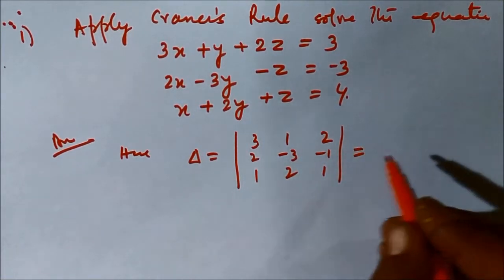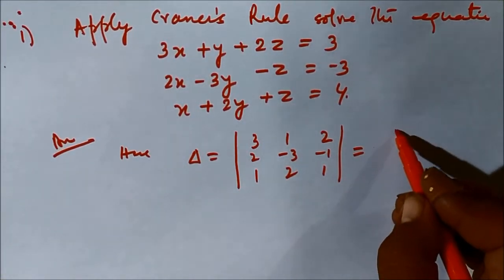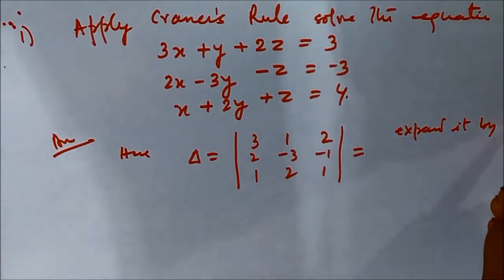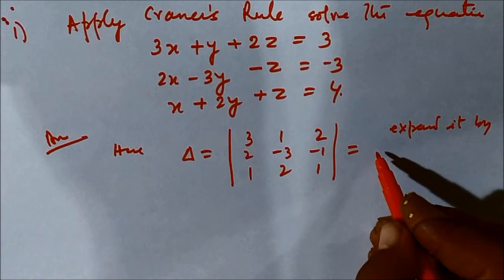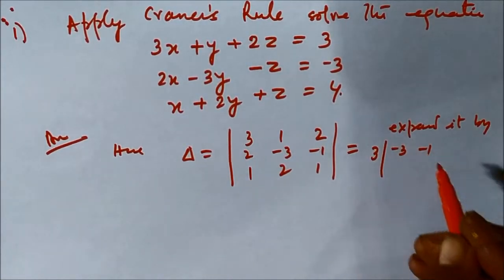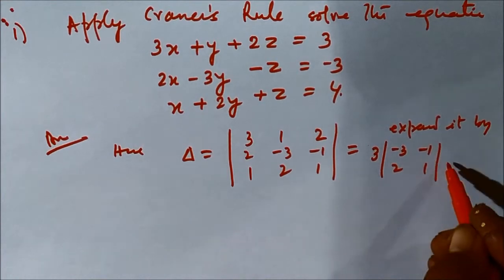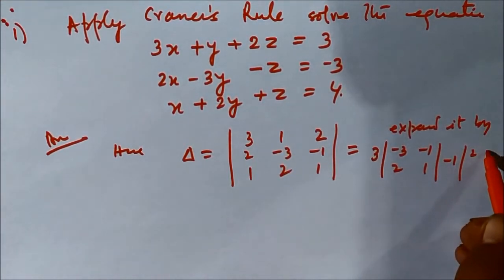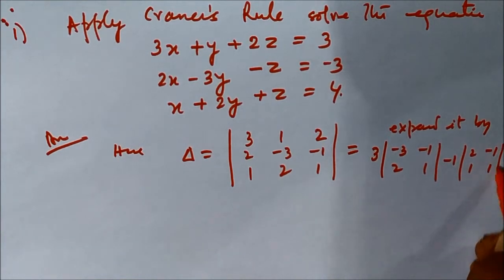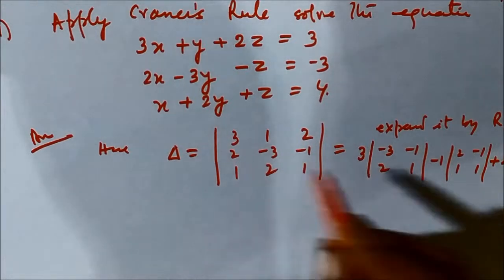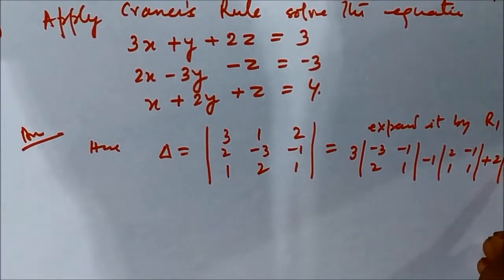Expanding the determinant by row 1, we get 3 times the minor (-3, -1; 2, 1), minus 1 times the minor (2, -1; 1, 1), plus 2 times the minor (2, -3; 1, 2).